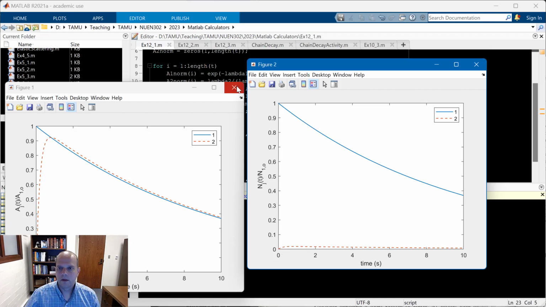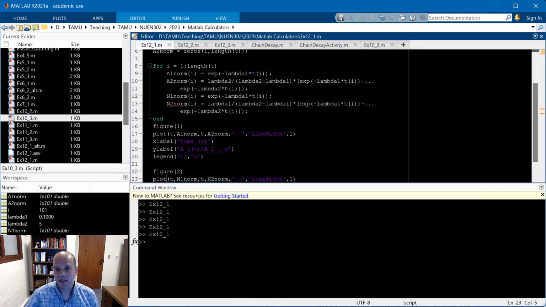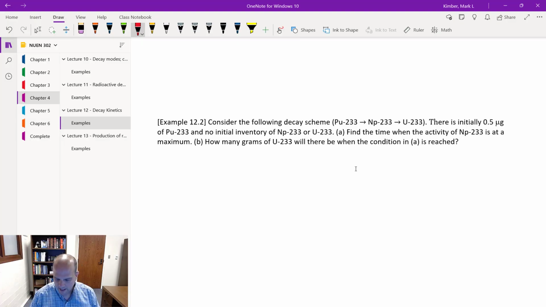So let's go back to a second example now. In example 12.2, the decay scheme goes from plutonium to neptunium to uranium. So I've got some beta decays here going from isotope number 1 to isotope number 2 to isotope number 3.